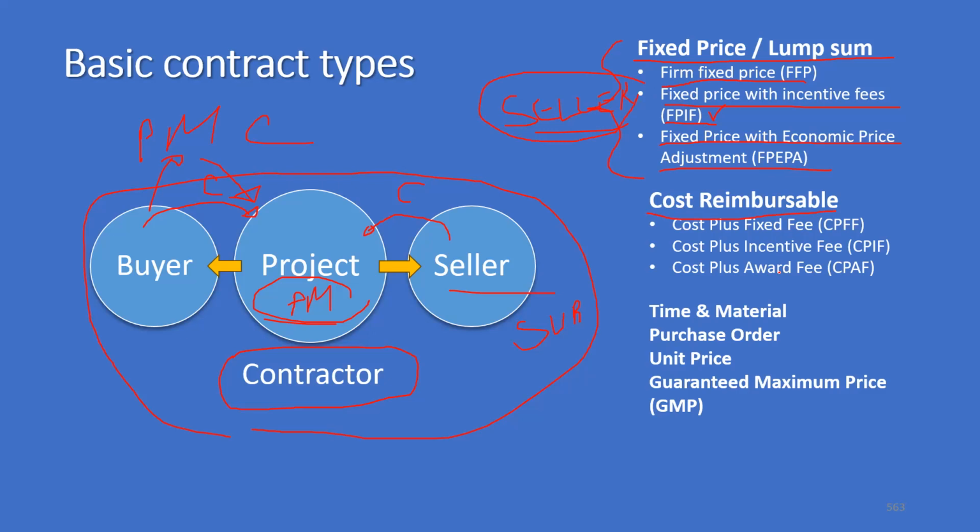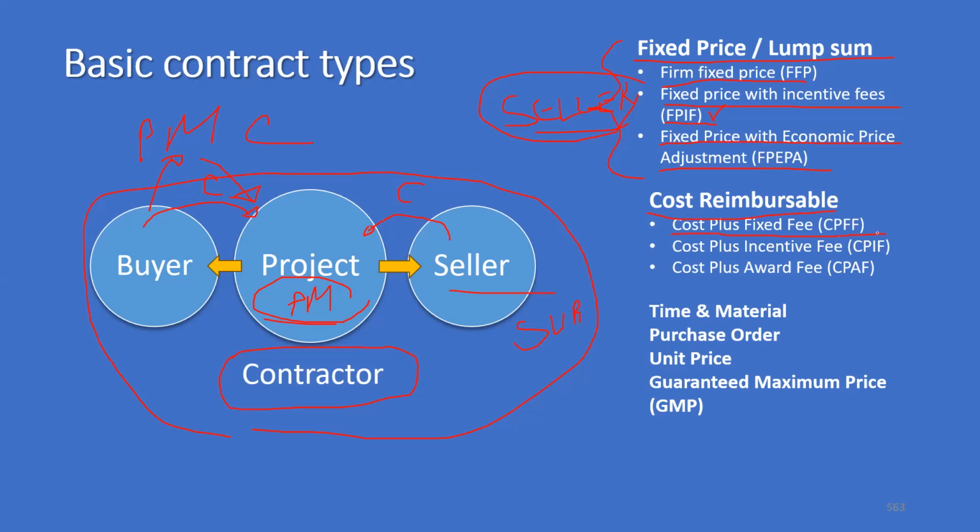There are three variants of it. That is cost plus fixed fee contracts. So all your cost will be met, and on top of it, you get a fixed fee. Most of the consulting assignments or training assignments fall into this category.